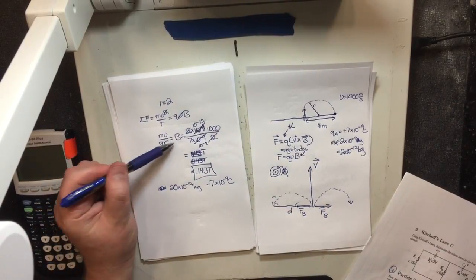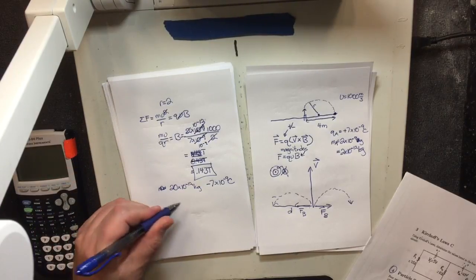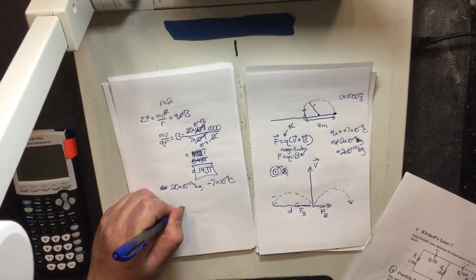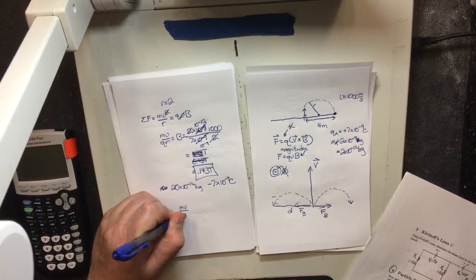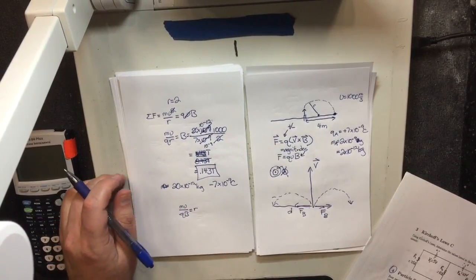Now what I'm going to do is use this equation here, and solve for r. The mass is 20 times 10 to the negative 12.